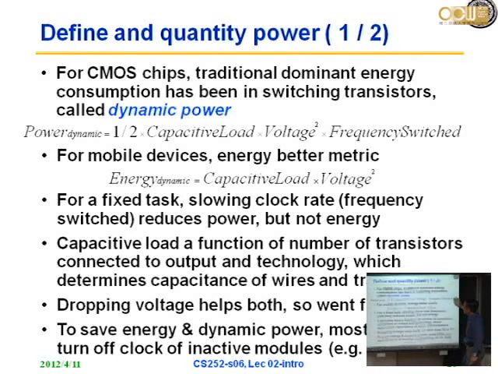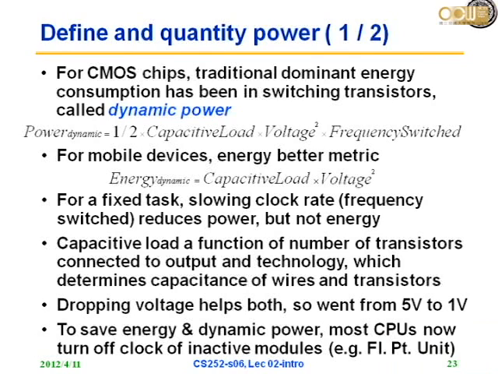For mobile devices, energy is a better metric, since it's how much energy you can store in your battery. And the energy equation is capacitive load times voltage squared. So for a fixed task, what you care about is how to spend the least power, or in other words, how many joules to accomplish that task.